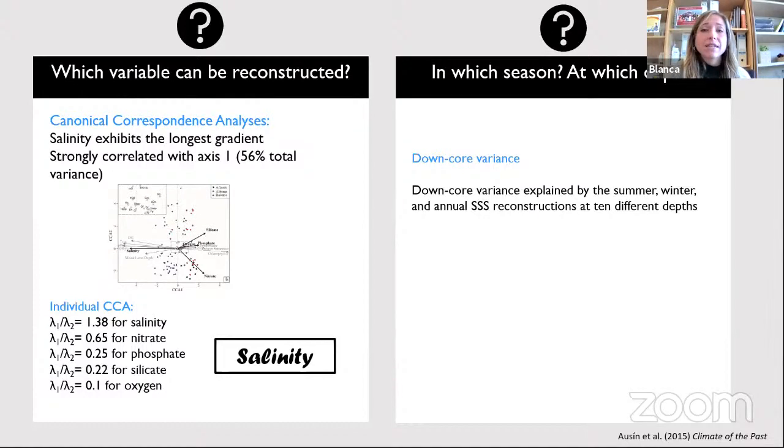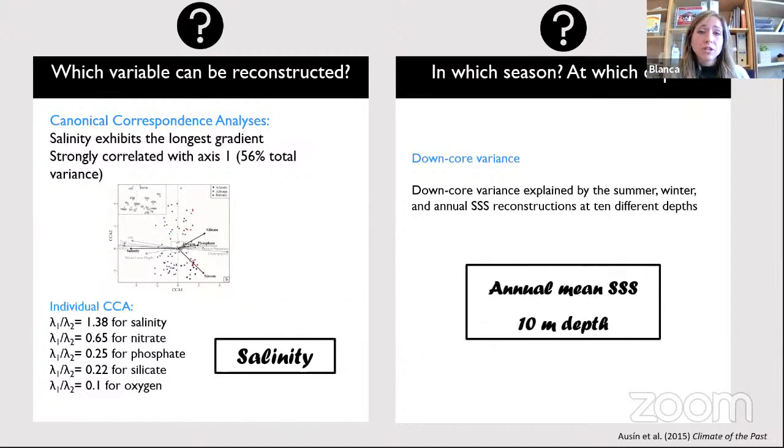And their statistical significance revealed that the mean annual reconstruction at 10 meters explained the highest variance. And this is the variable that we are going to reconstruct: annual mean sea surface salinity, at 10 meters depth.